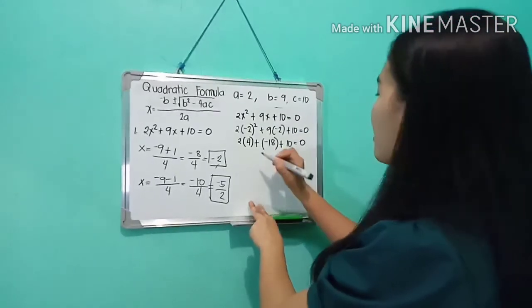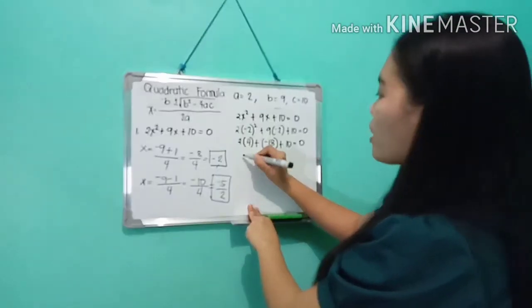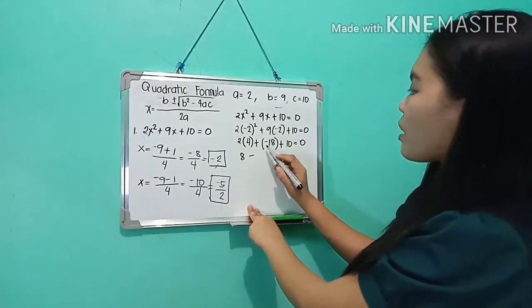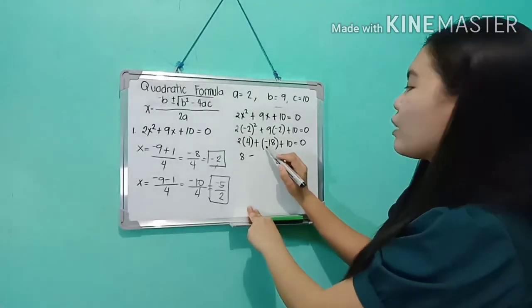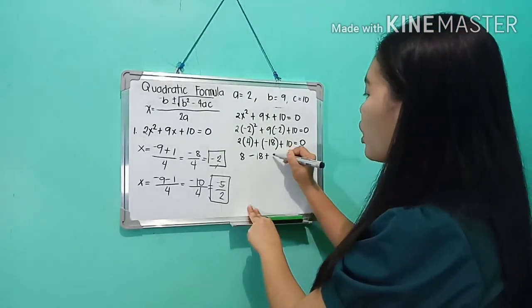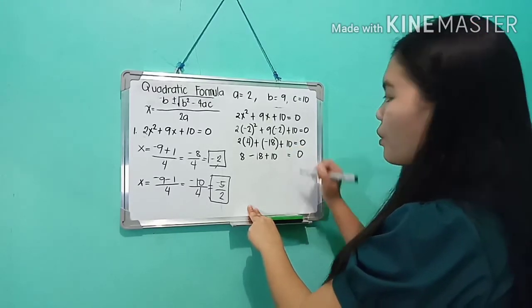Next step, we multiply 2 times 4 is equal to 8, minus, why minus? Because when we multiply positive by negative, it becomes negative. Minus 18 plus 10, so 8 minus 18 plus 10 is equal to 0.